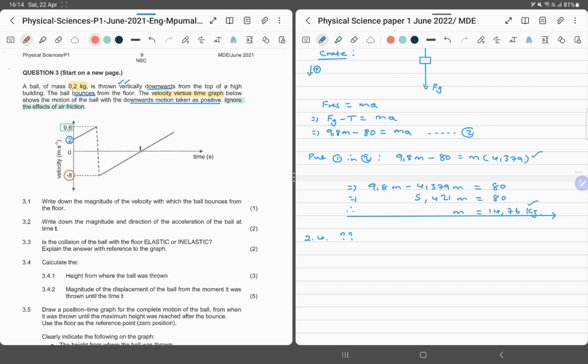So we have an understanding, but let's just draw a bit of this sketch here so that we can have a better understanding of what is going on here. Now we've got this ball right here.